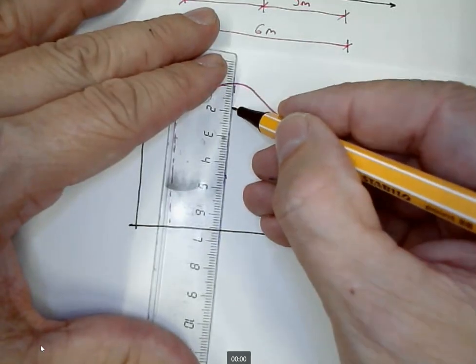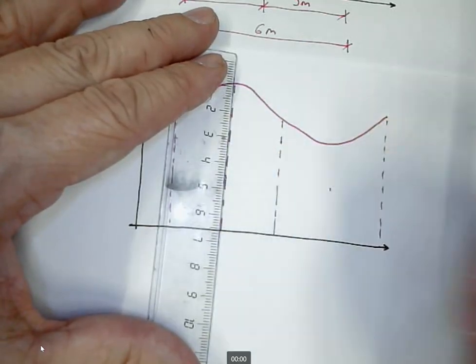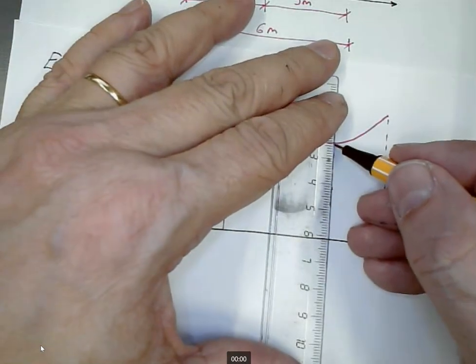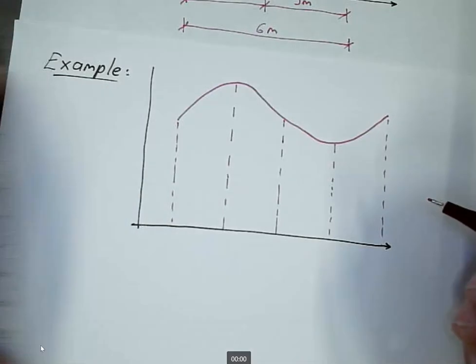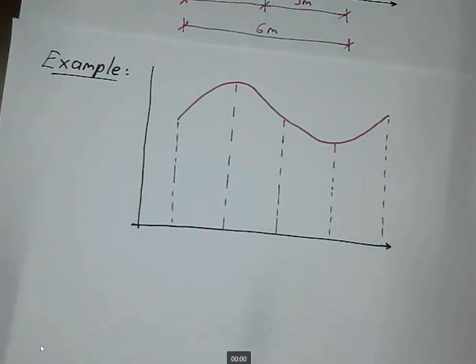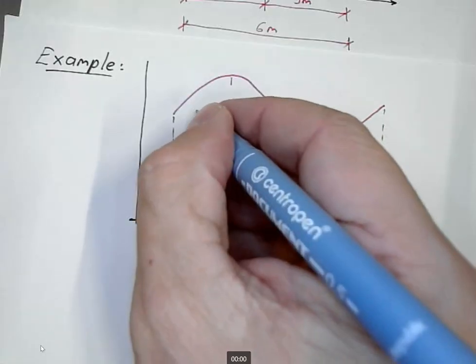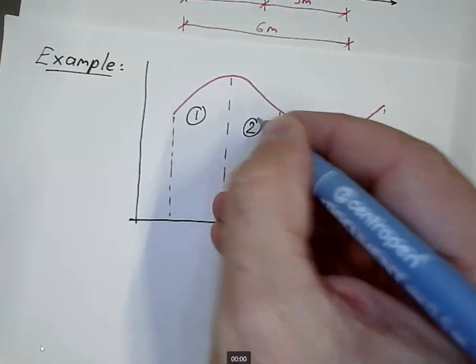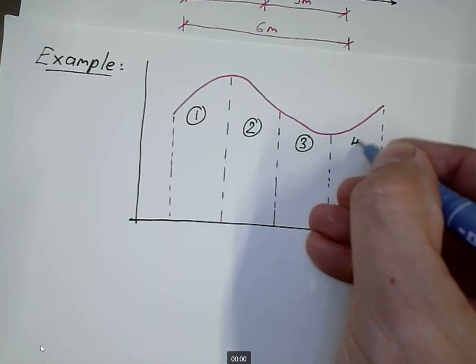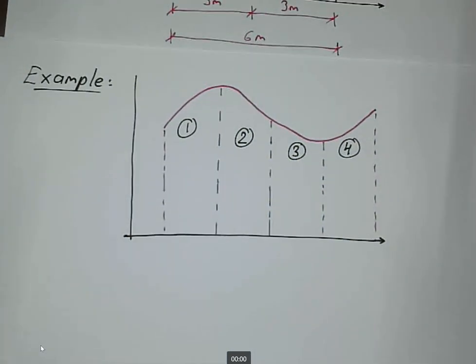So now I have divided it into 4 parts. Let's number those parts: 1, 2, 3, 4.